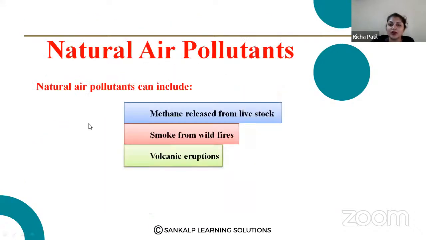Natural air pollutants. Okay, so these are some of the natural air pollutants. What do you mean by natural air pollutants? Natural air pollutants can include, first, methane released from livestock.